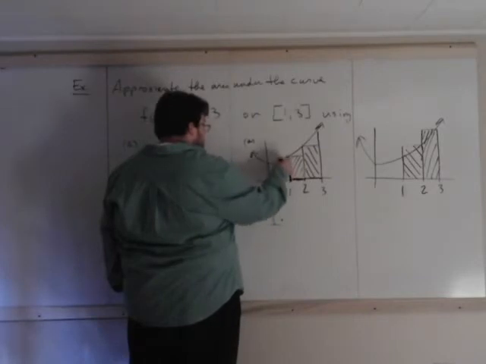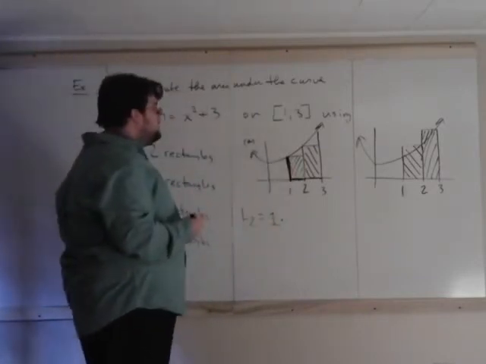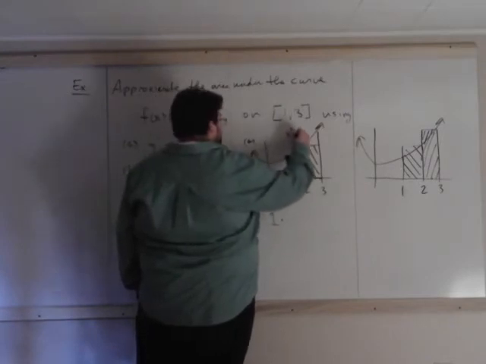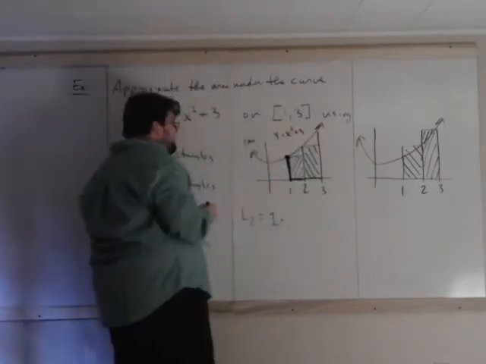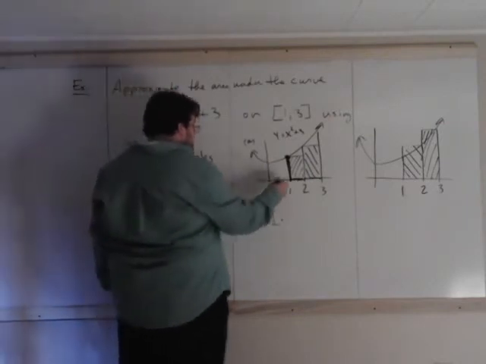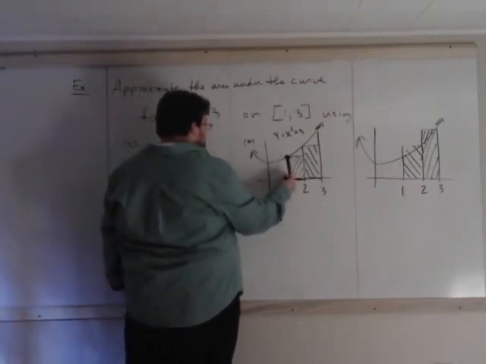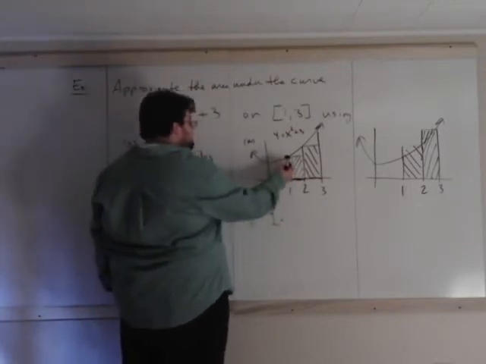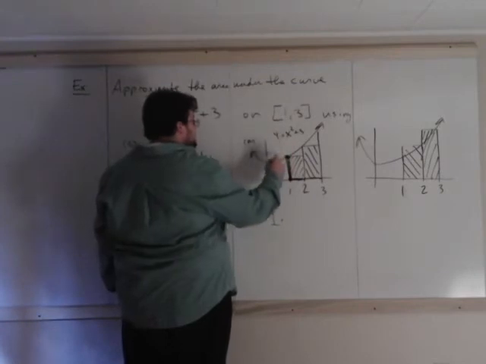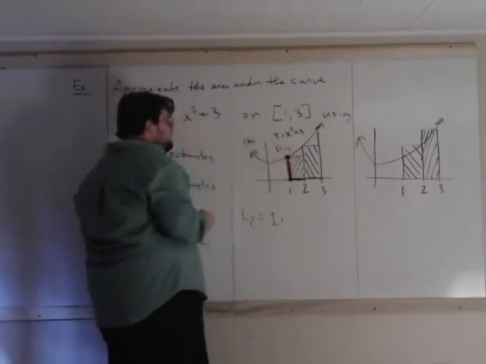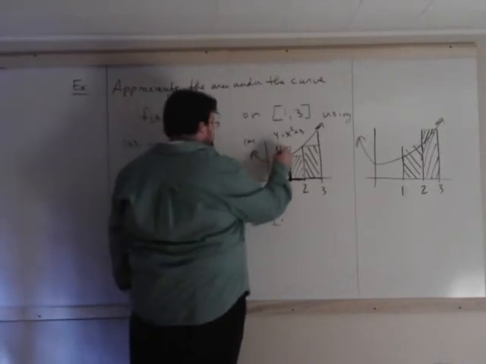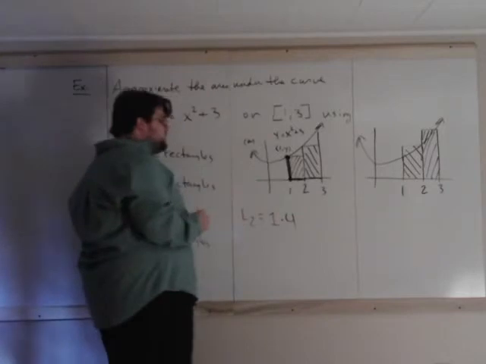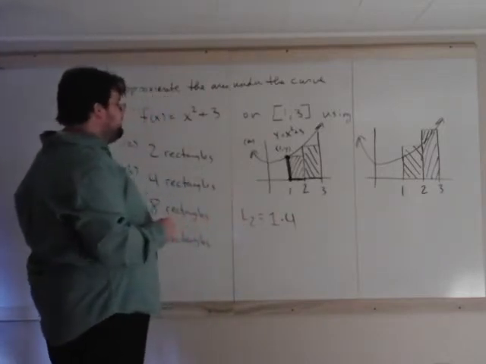The height of the rectangle is that line. That's a y-axis point. It's a y value. It is the y value that occurs when x equals 1. The y value that occurs when x equals 1 is what? 1 squared plus 3. So that ordered pair, 1, 4. The y value is height 4. So the first rectangle has area 1 times 4.